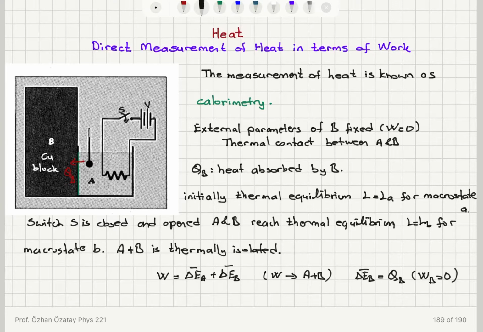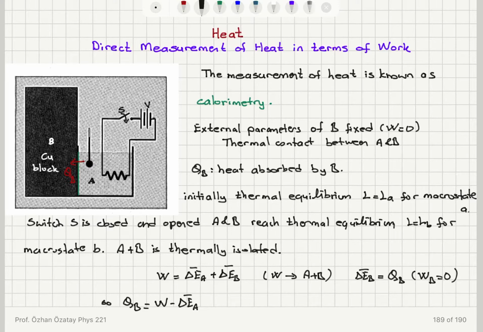External parameters are fixed. Therefore, from this equation, I can see that the heat absorbed, Q_B, is equal to W minus the mean internal energy change of system A.